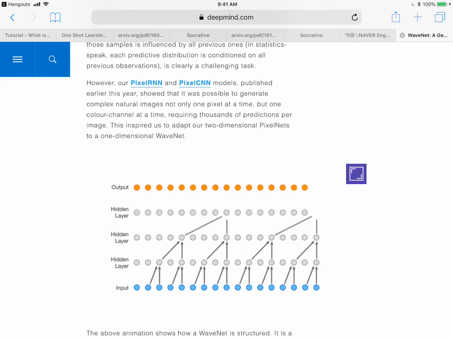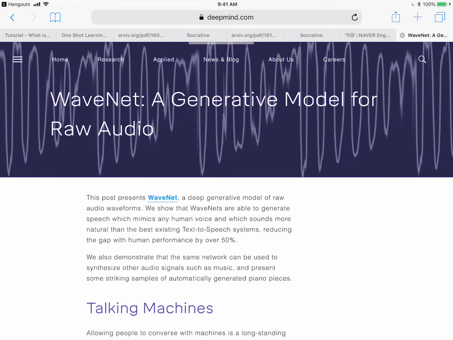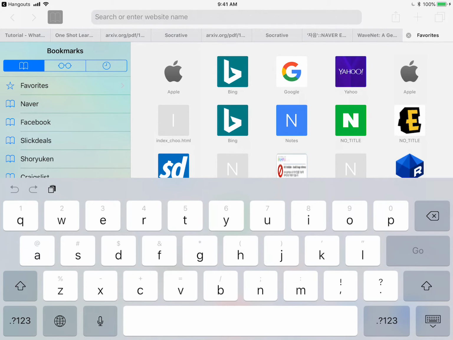In the case of generative models, although we haven't studied them yet, this WaveNet published from DeepMind was the very first and quite outstanding state-of-the-art method, where the generation quality is quite state-of-the-art.